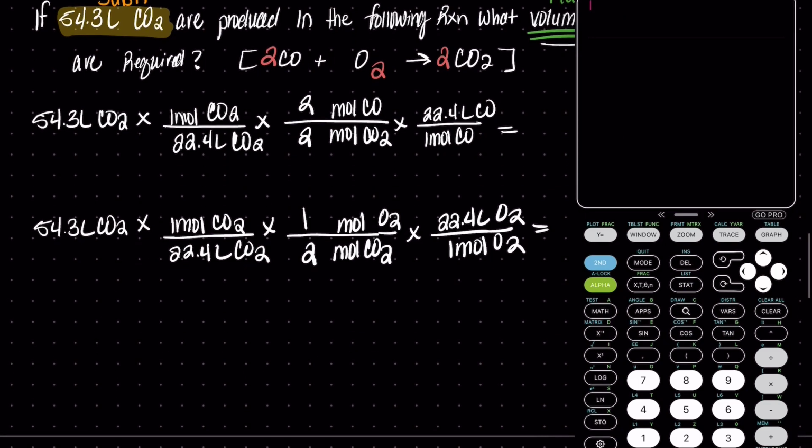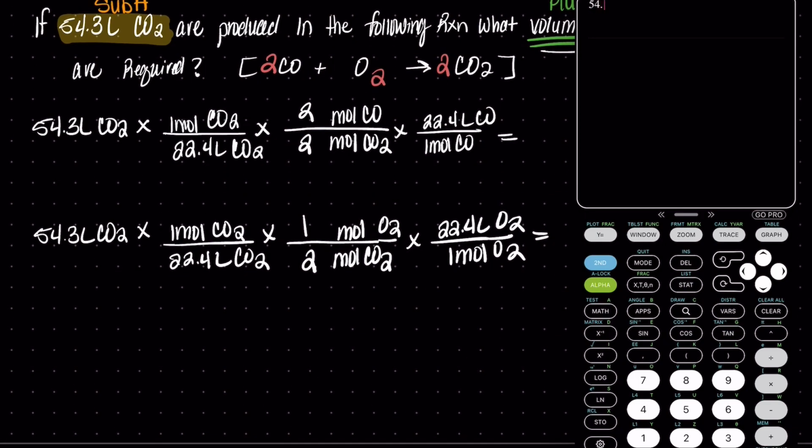All right, y'all, so let's do some math here. We're going to take 54.3 times that 1 times 1 times 22.4. Get a whole top value here, 22.4 times 2 times 1, of course.